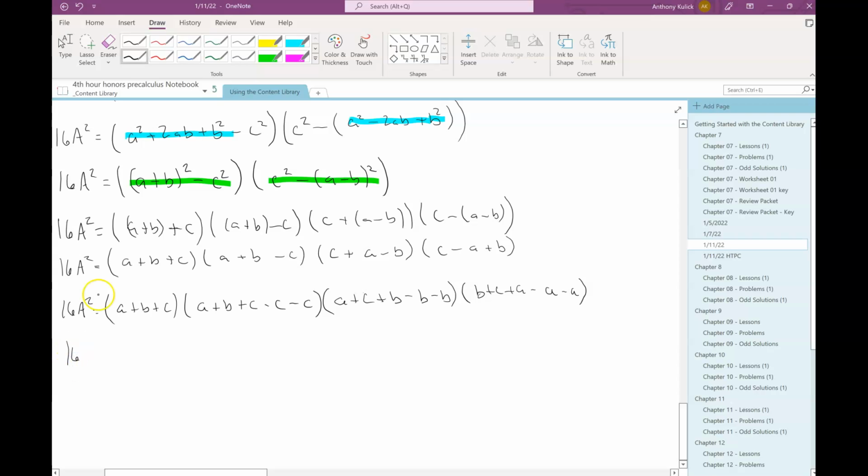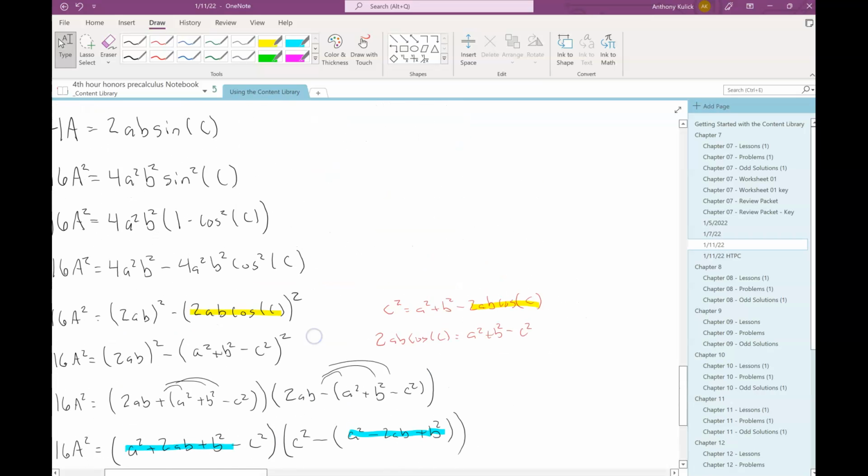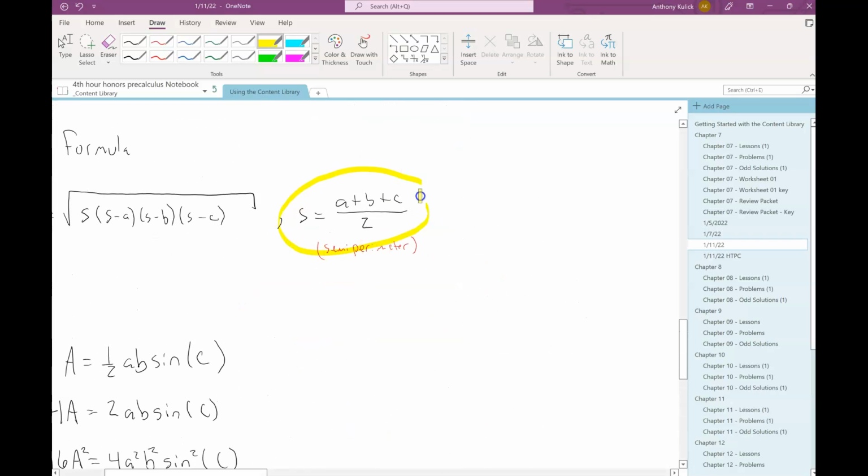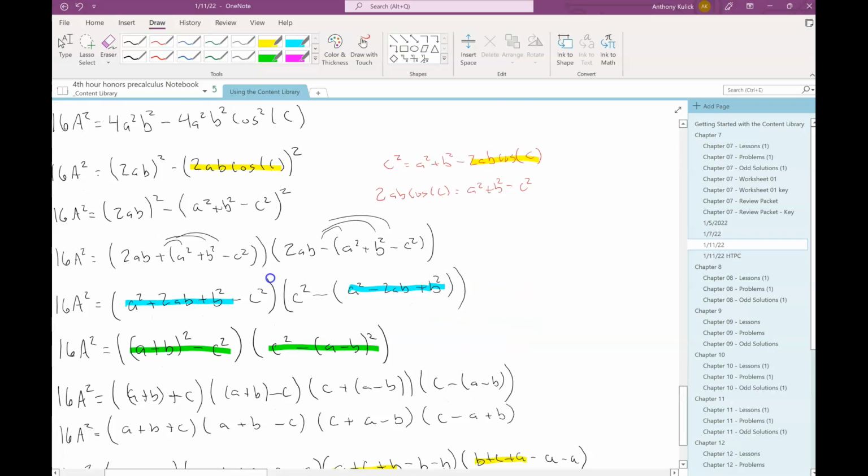So if I notice here now, in every parenthesis, I have an A plus B plus C. Everybody see that? If I go back to my Heron's formula, S equals A plus B plus C over 2, if I multiply by 2, A plus B plus C has to be 2S. You guys agree with that? Okay.